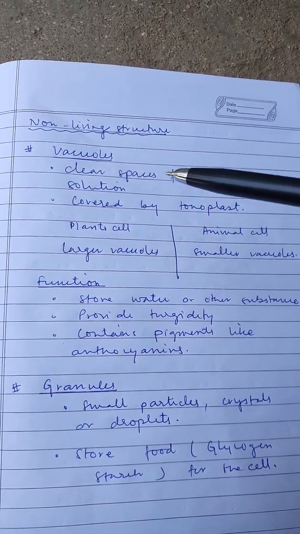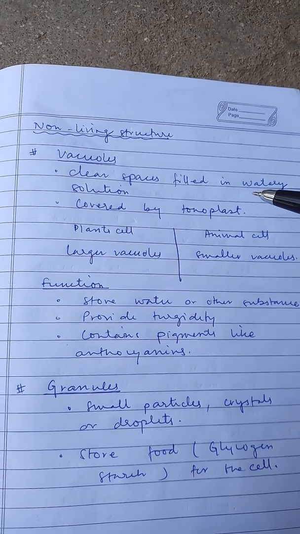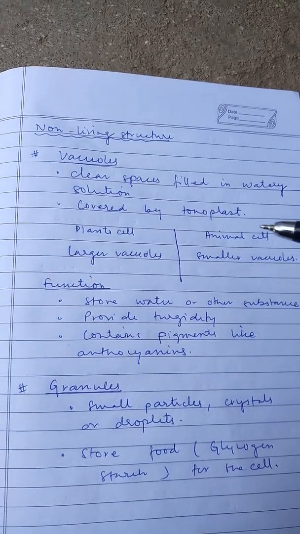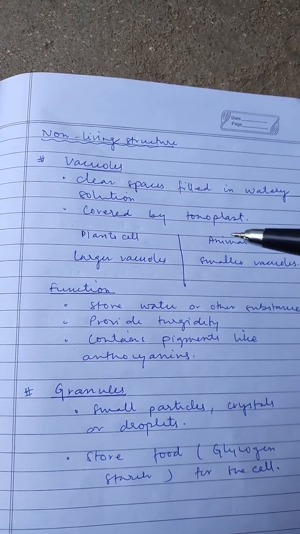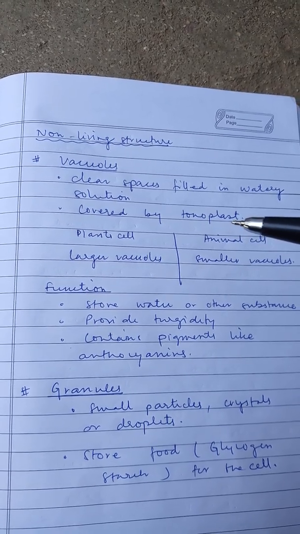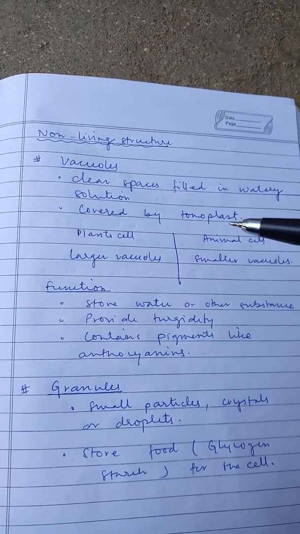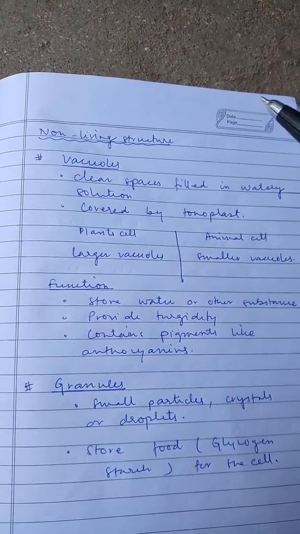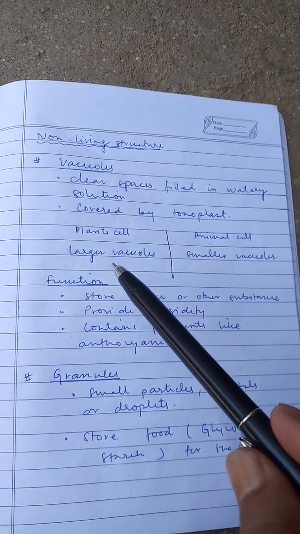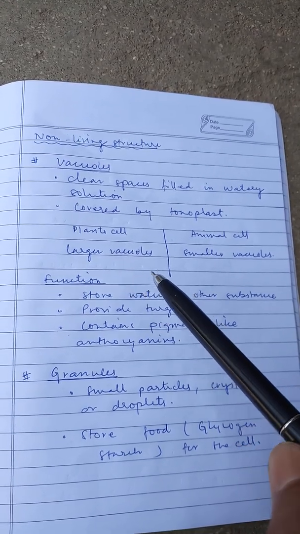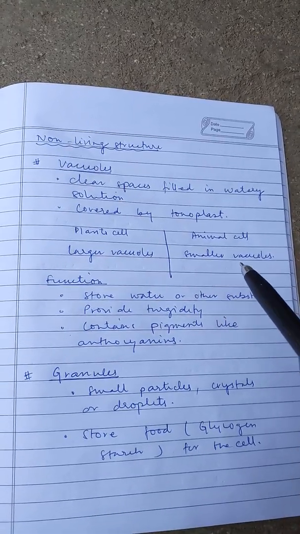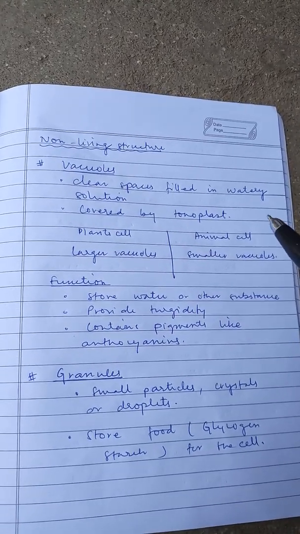Vacuoles are clear spaces filled with watery solution. They are covered by the tonoplast. These tonoplasts are the membrane that encloses vacuoles. In plant cells, vacuoles are large, and in animal cells, vacuoles are smaller.